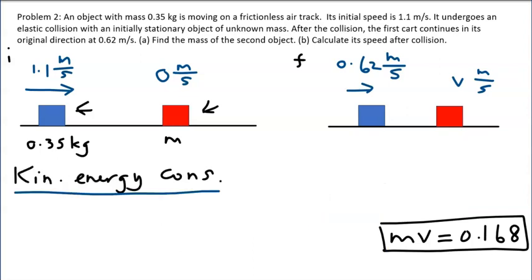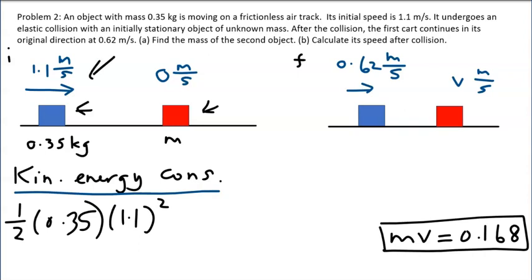We can also use the kinetic energy conservation equation to solve the problem. So let's go ahead and do that. The kinetic energy before the collision is half times 0.35 times 1.1 squared. So that's the kinetic energy of this object. The kinetic energy of the second object is 0.